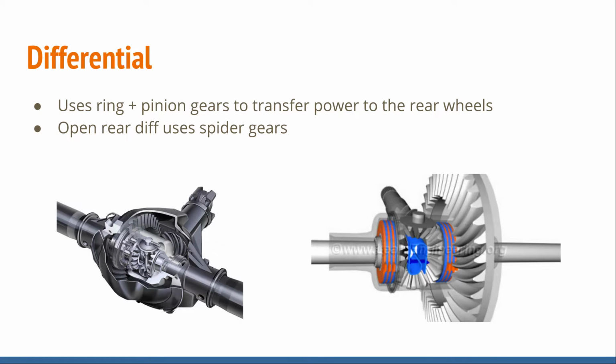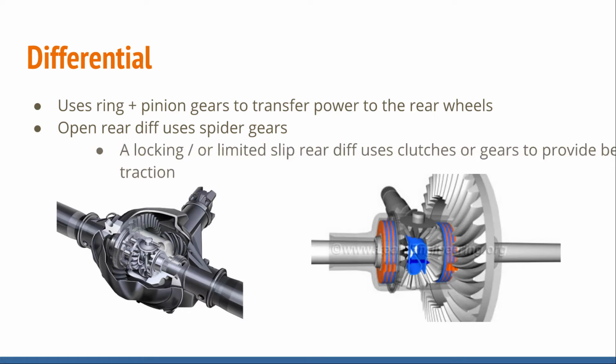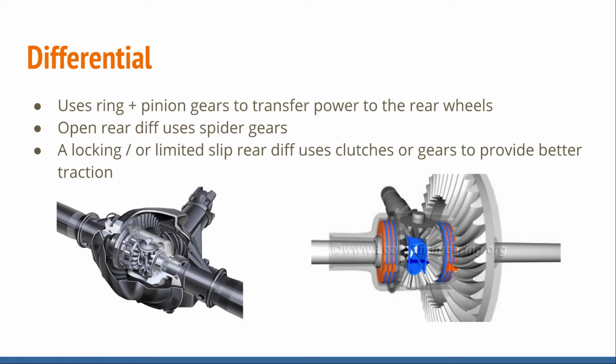Say you're stuck in your driveway, you step on the throttle, one tire spins, you look at the other tire, it's not spinning at all. So a locking rear differential or limited slip uses clutches or gears to provide better traction. So in a locking rear differential, you're stuck in the driveway, you step on the throttle, it's going to spin both wheels as opposed to just one.